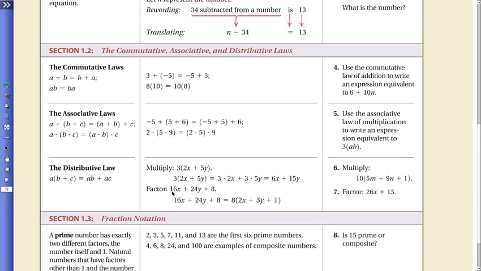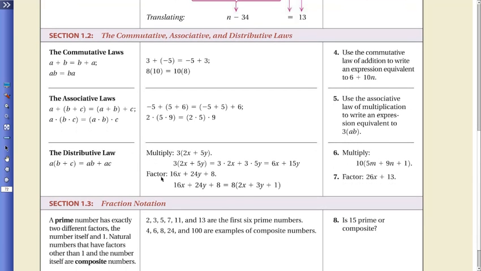I can factor out, or basically pull out, a multiplication times each one of these terms and say this is 8 times the quantity 2x plus 3y plus 1. Going back to the way we're probably used to seeing the distributive, if I distribute that multiplication of 8 over these 3 different add-ins or parts of the addition, I'll end up with the original.